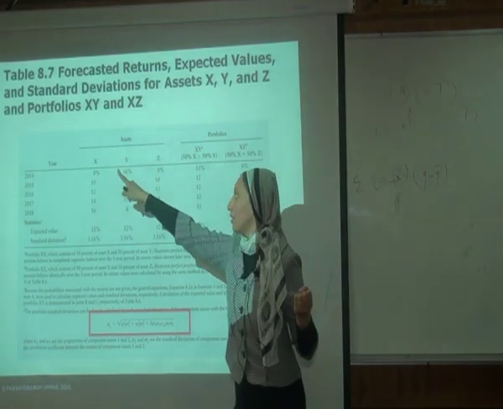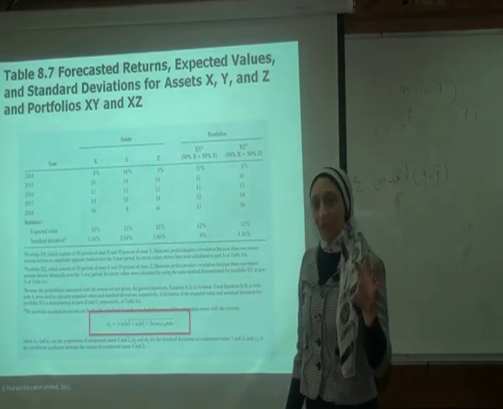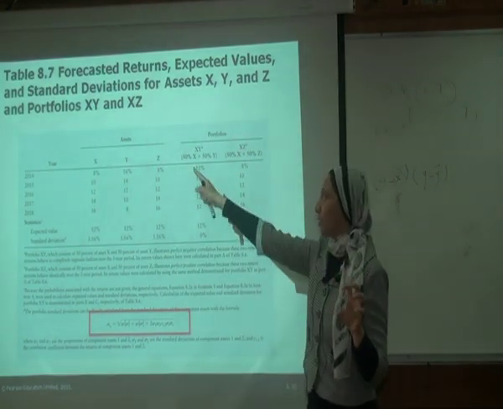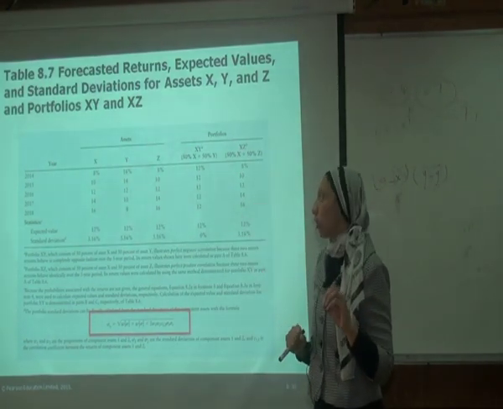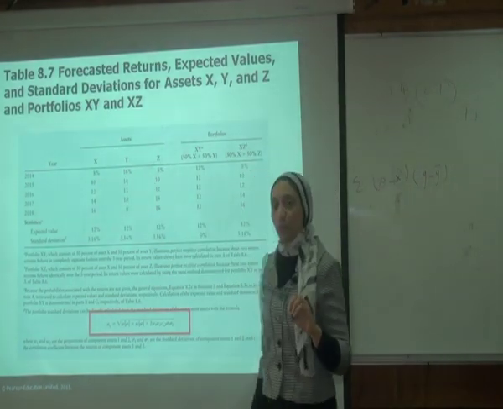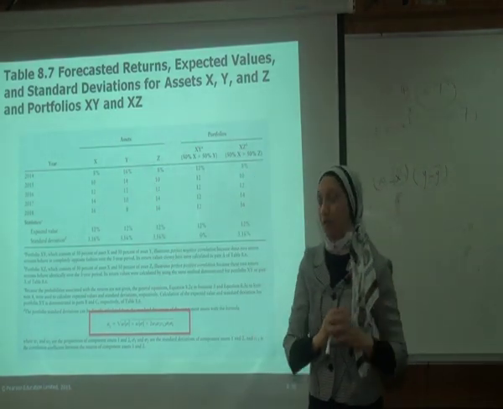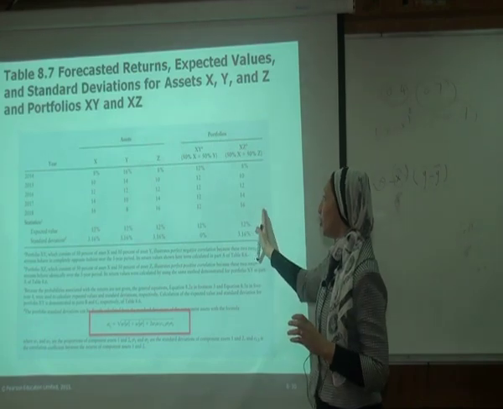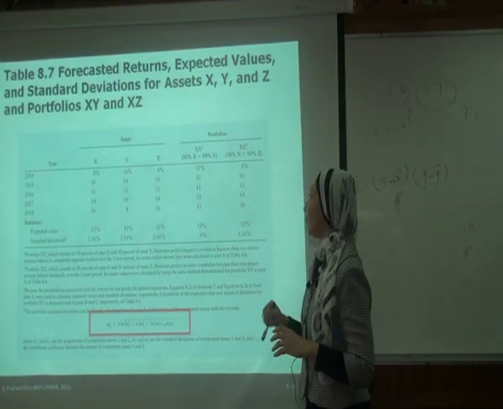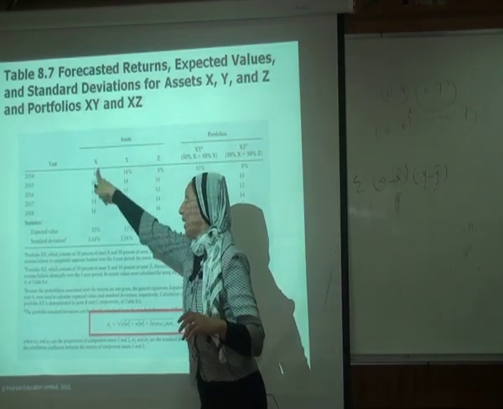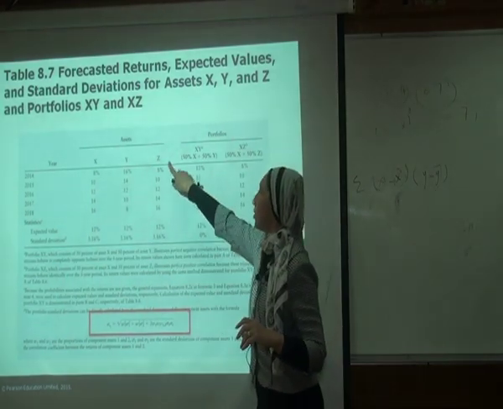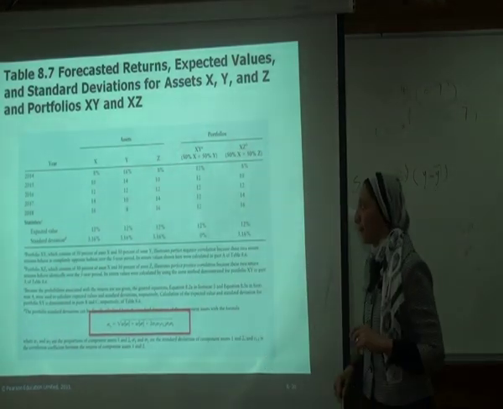Portfolio A is formed by stock X and Y. The investor will put 50% of the capital in stock X and 50% in stock Y. This is portfolio A, portfolio 1. Regarding portfolio 2, the investor will put 50% in stock X and 50% in stock Z. Okay.